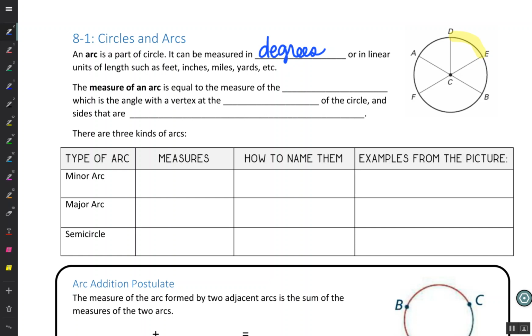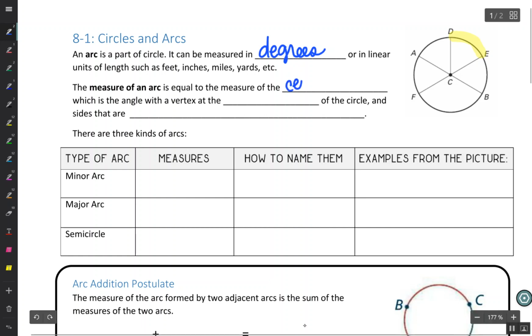When we measure it in degrees, we call it the measure of an arc, and it's going to be equal to the measure of the central angle that corresponds to it. So this arc DE would be the same measurement as this angle right here, angle DCE.